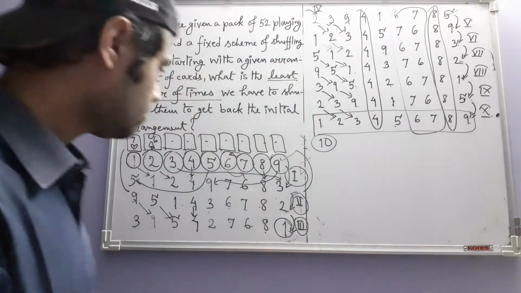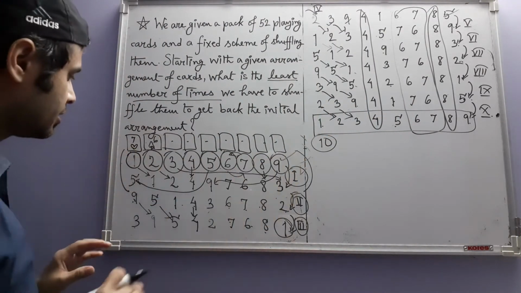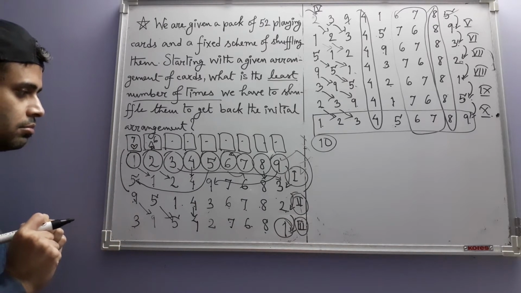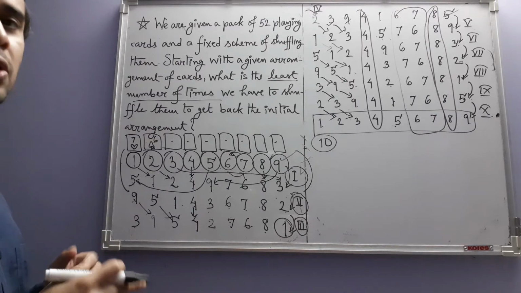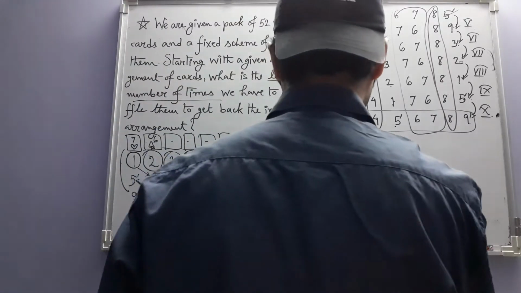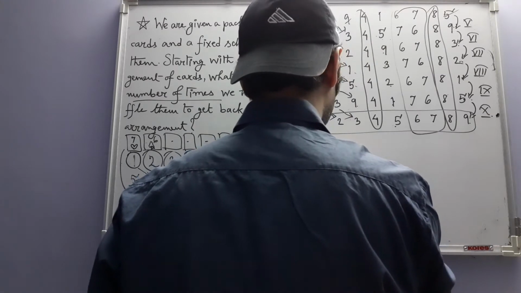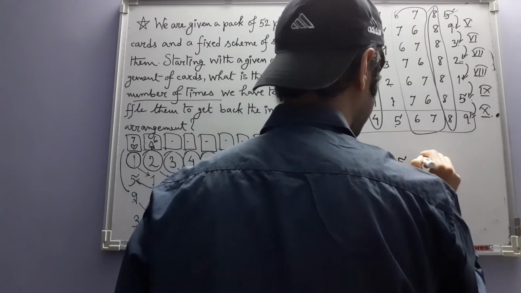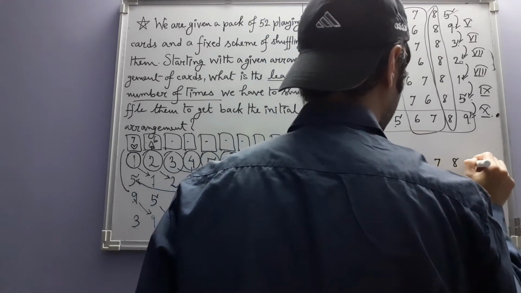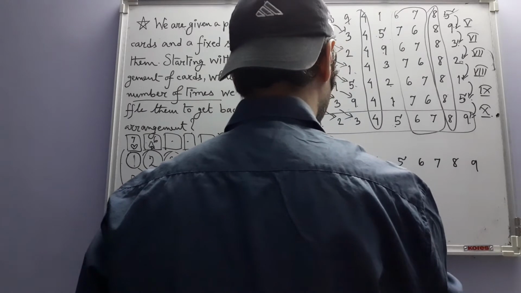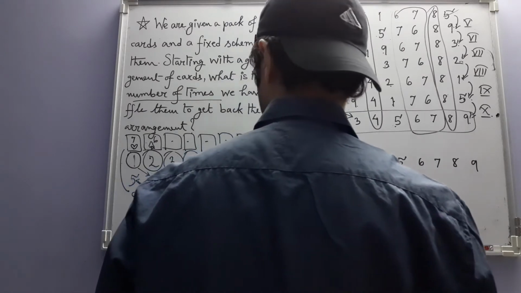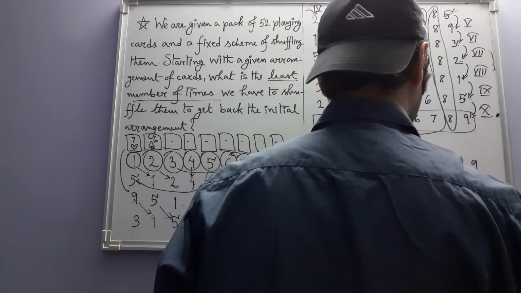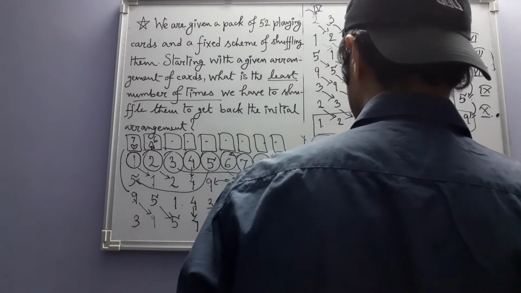Now, looking at the shuffling scheme, I can see it looks somewhat complicated. You see, it looks like this: 1, 2, 3, 4, 5, 6, 7, 8, 9, and 5, 1, 2, 4, 9, 7, 6, 8, 3.